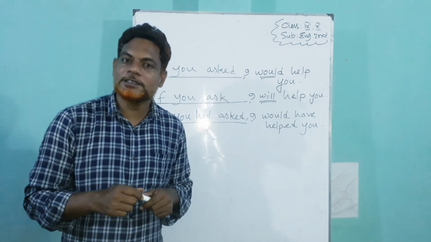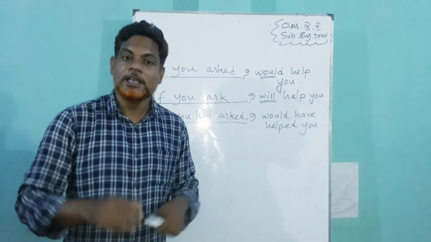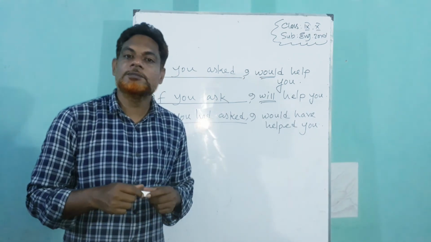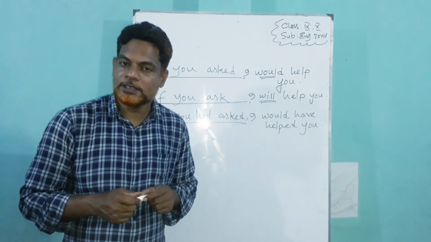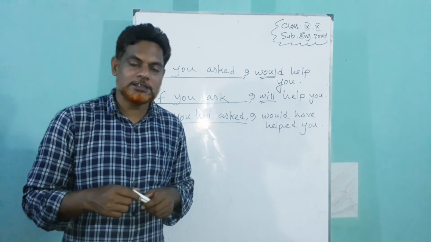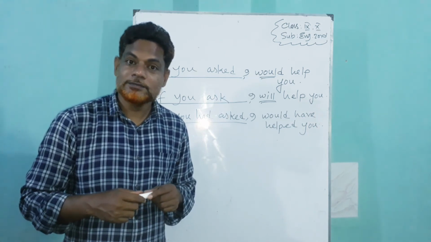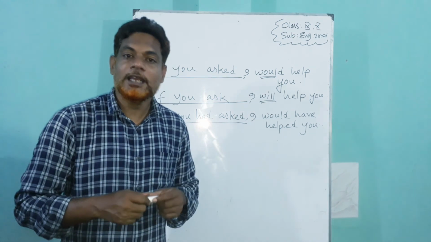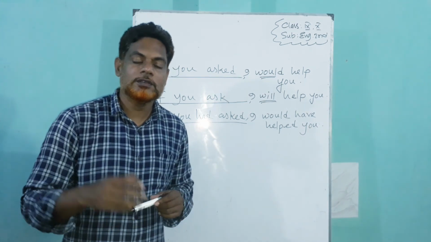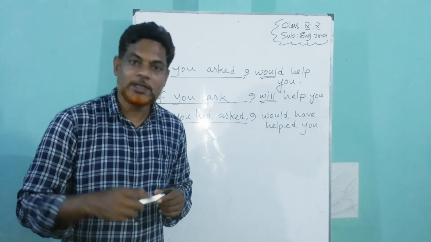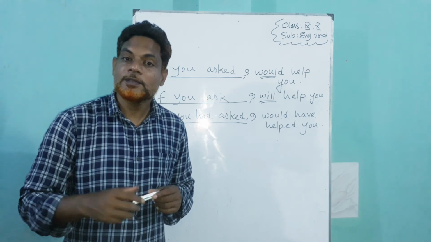And if there is if plus past perfect, it is third condition. For first condition you have to write will or can in the principal clause. For the second condition you have to write would or could in the principal clause. And for third condition you have to write would have or could have plus the past participle form of the principal verb in the principal clause.